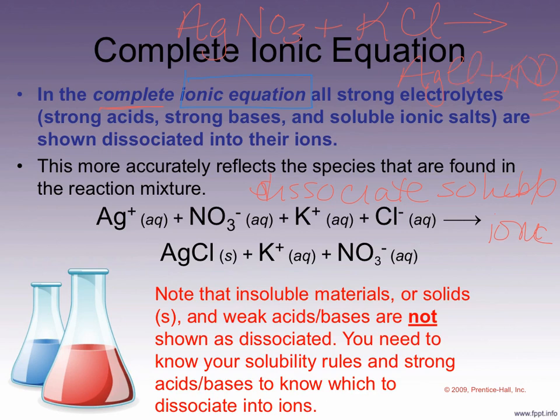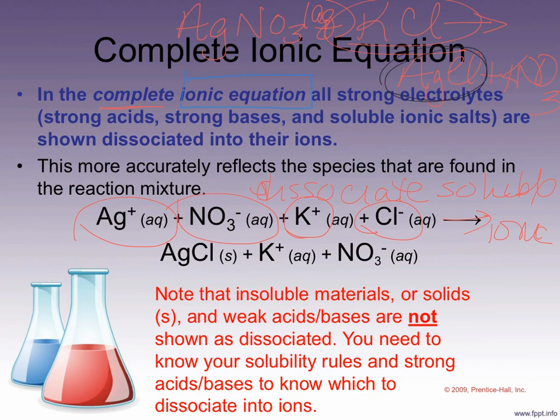All right, so you have to ask yourself, is it soluble? Yes, silver nitrate is. If it's soluble, when you put it in water, it's going to dissociate. So that's what we've done here. Same thing with KCl, potassium chloride. It is soluble, so you separate it into its ions. Now you have to evaluate the solubility of the products.